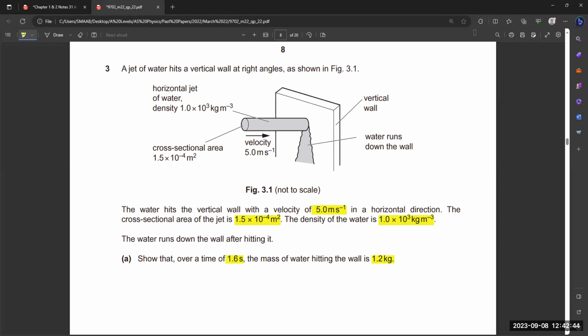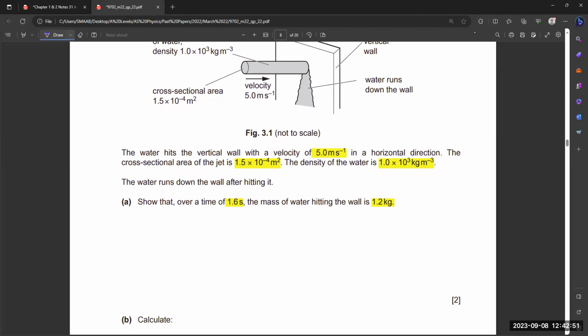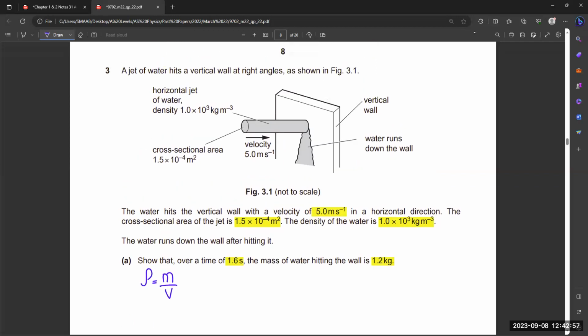What we can do is use the formula density equals mass over volume. We already have density and we don't have a volume, but we can find the volume by using the cross-sectional area. You need one more thing, a length, to find the volume.